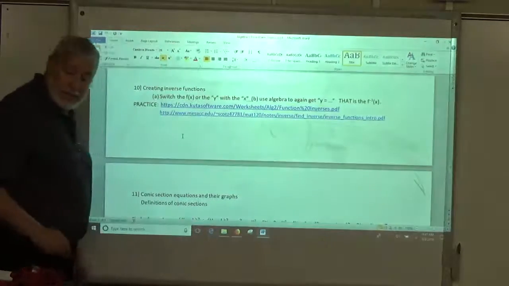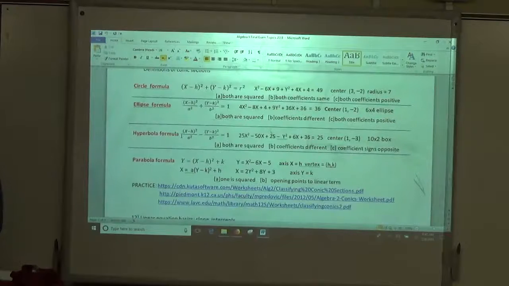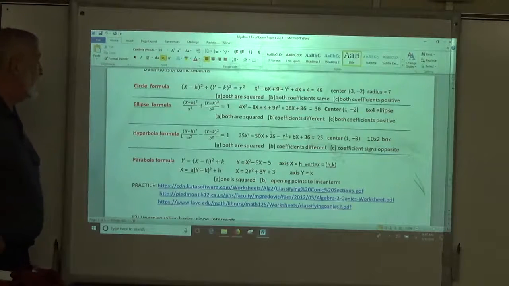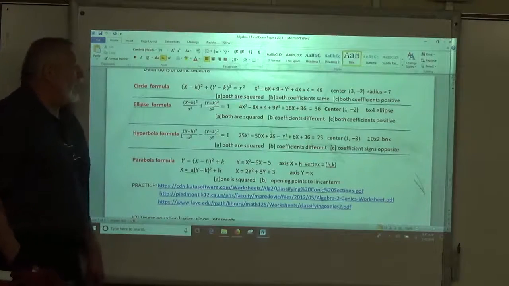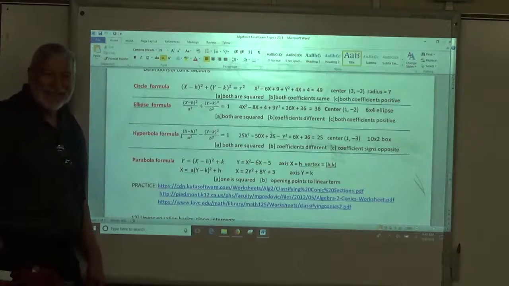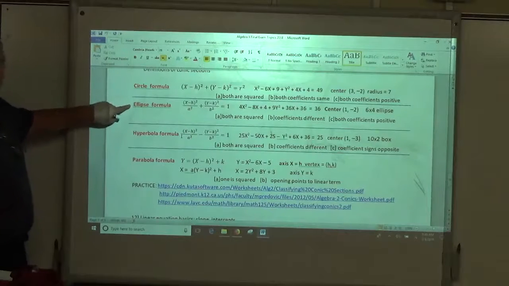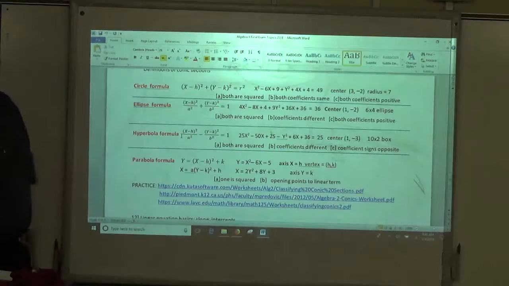Okay, conic sections. I tried to get more conic section equations in the final and lost. So there's not as many as I think there ought to be. But obviously, you should understand how to tell the difference between a circle, an ellipse, hyperbola, and a parabola.